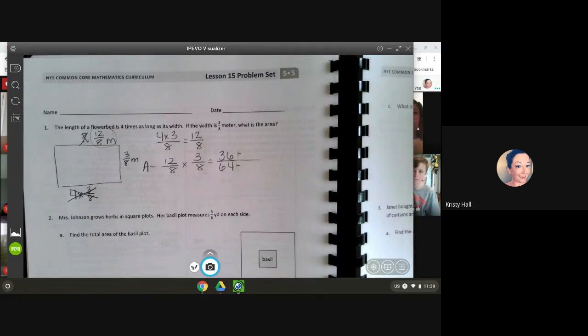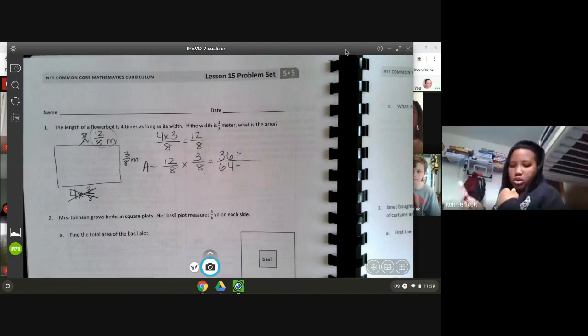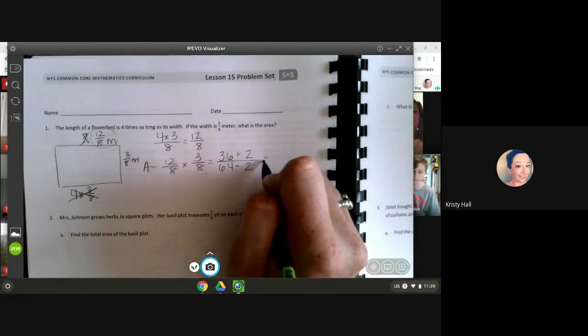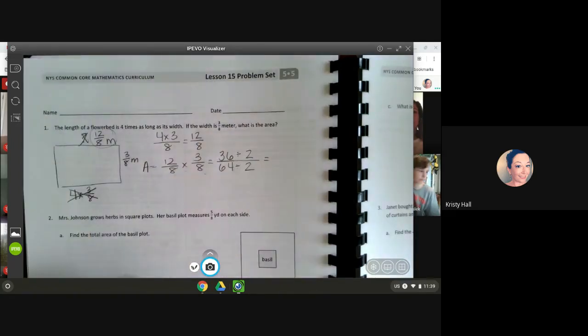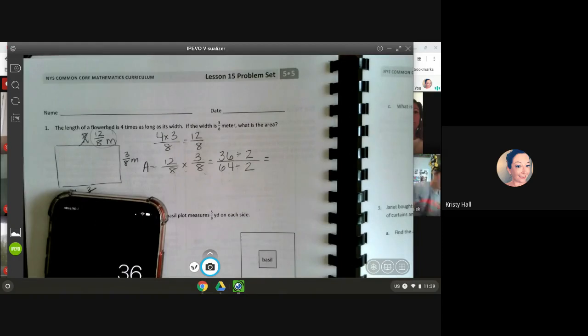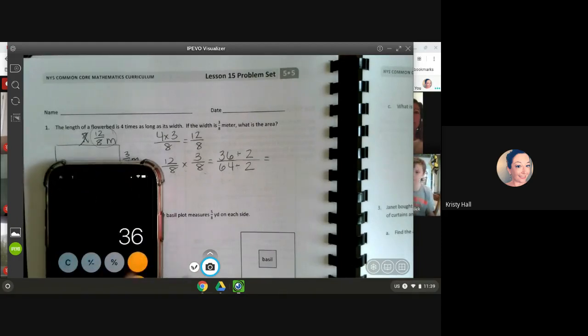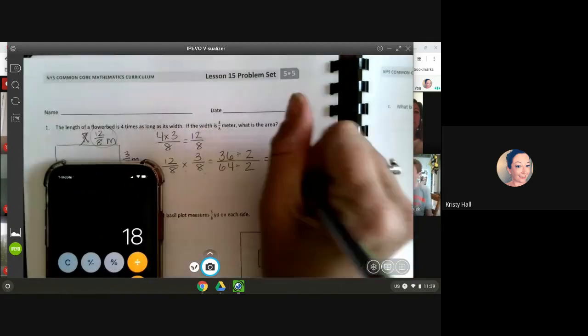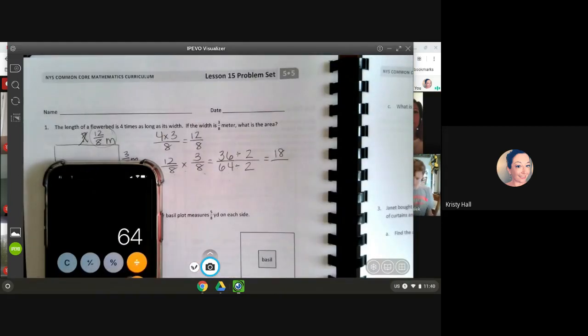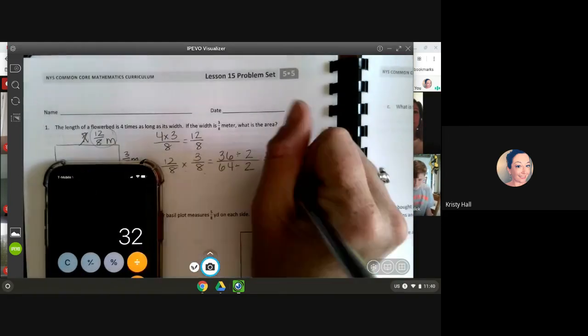Even numbers can only be divided by 2. Good. All right. So 36 divided by 2. I don't know, my brain's not working. 36 divided by 2, I got 18. And 64 divided by 2, 32.